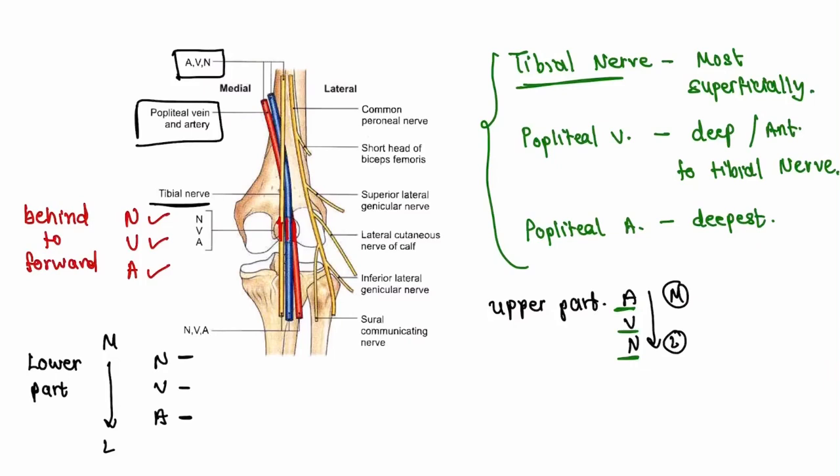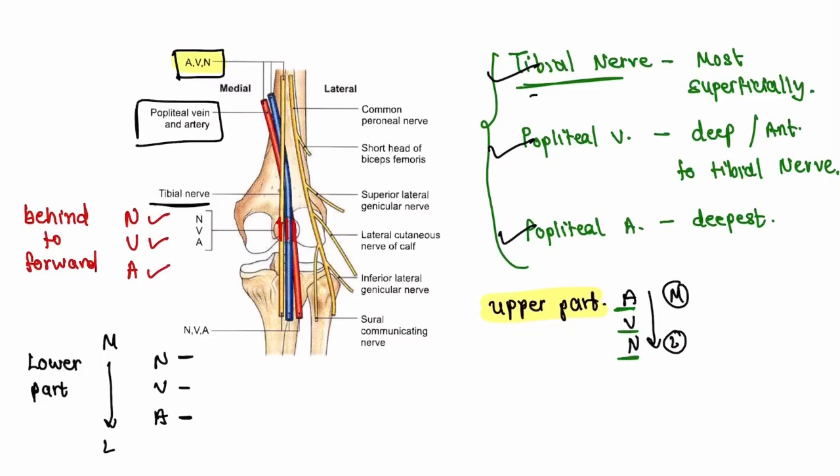So to revise this, there are three main structures in popliteal fossa, which are tibial nerve, popliteal vein, and popliteal artery. Now how are they situated? In upper part, as we go from medial to lateral, that is AVN. First artery, then vein, and then nerve.